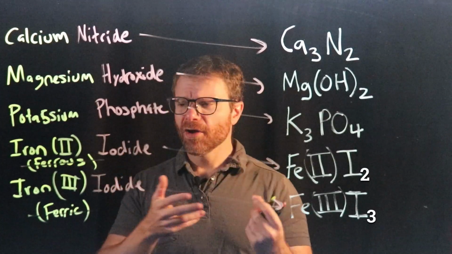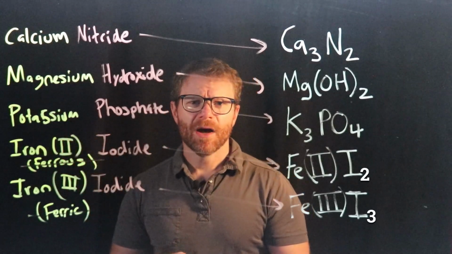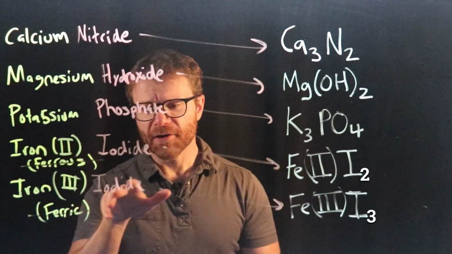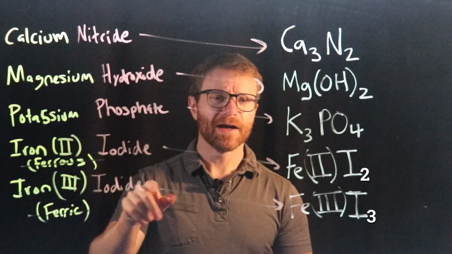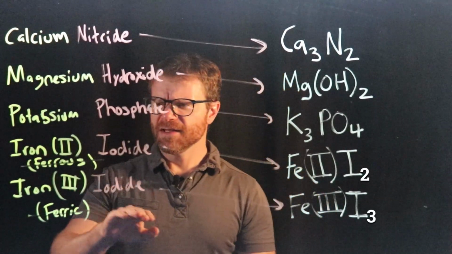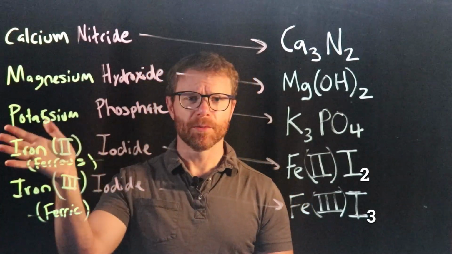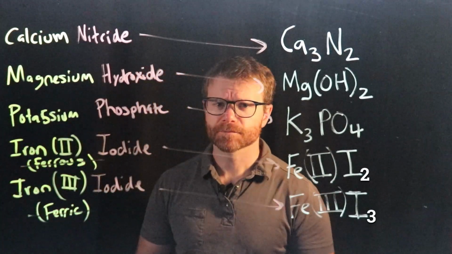Now, if you're in the know, and I say ferrous iodide, you know that that's the same as iron 2. Same thing if I said ferric iodide, you know that's iron 3 iodide. But to me and to many chemistry teachers, it's easier to just do away with these old-fashioned ways of naming them and just use the Roman numeral oxidation states.